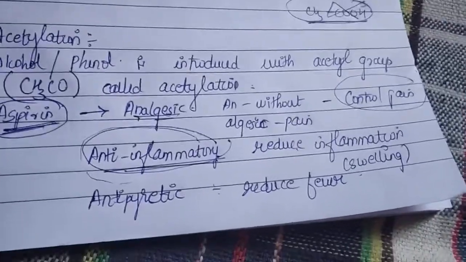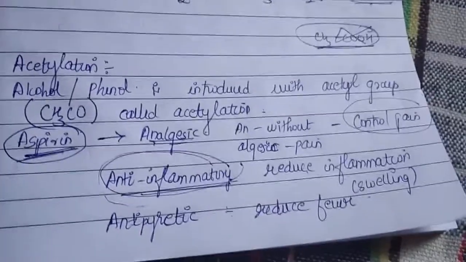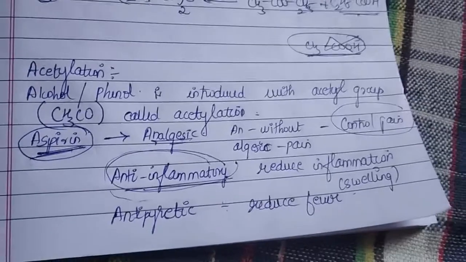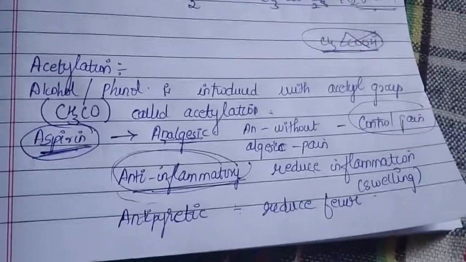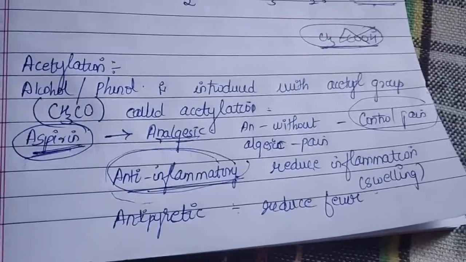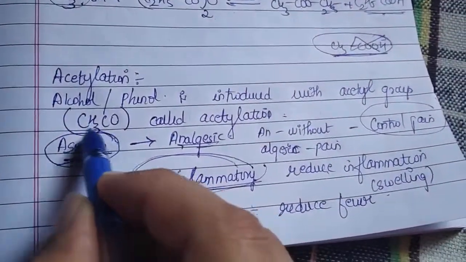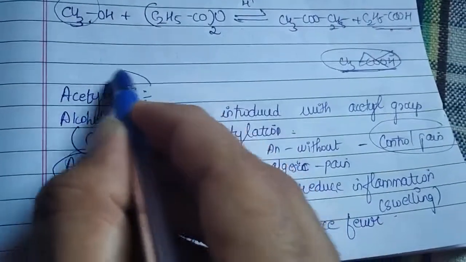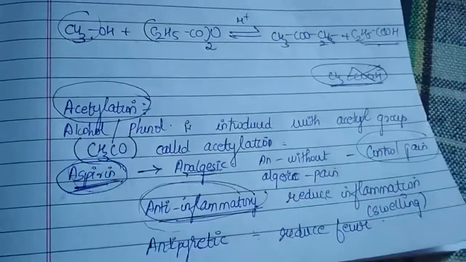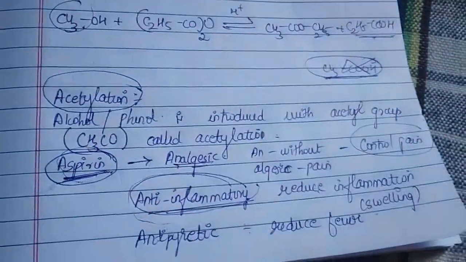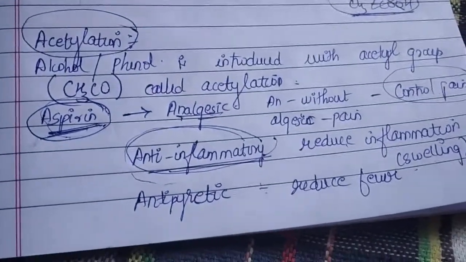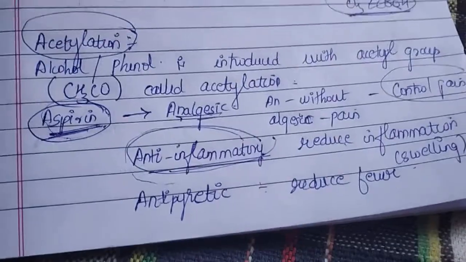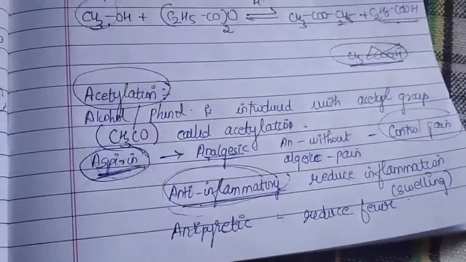So today we have a wide opportunity to know how aspirin is prepared in pharmaceutical companies. Do remember, one hint is that we are studying the manufacturing of aspirin under the concept of acetylation. Of course, we are going to use alcohol, and in our aspirin there will be an acetyl group attached. So let us see how this takes place.